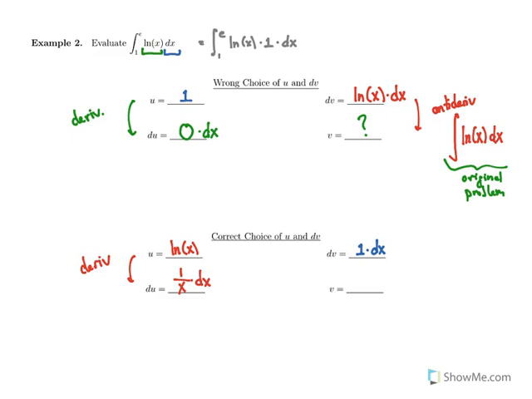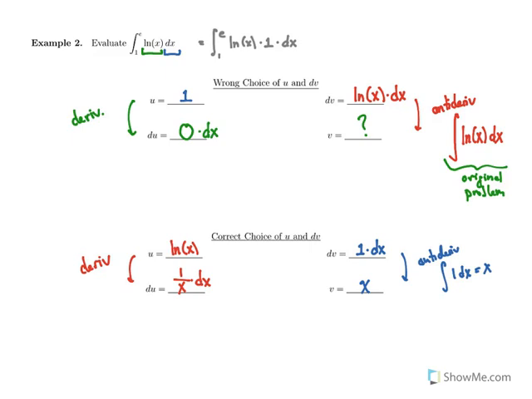We've made that function easier to deal with. Natural log is not an easy function to deal with. 1 over x is still maybe difficult, but much easier to deal with. And then I'm also going to take the antiderivative here. The antiderivative of 1 dx is just going to be equal to x. And in that case, we've made the function more difficult to deal with, but we're going to see how that works.